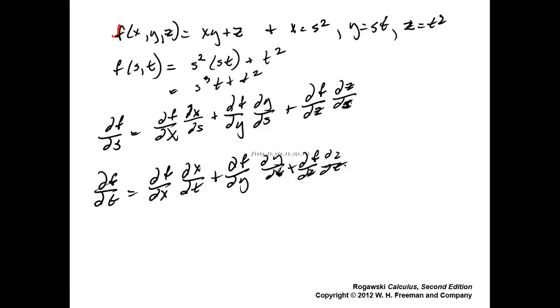Goodness gracious, getting things to write straight. I'm having trouble, my eyes are going wacko on me. And that's our equations 2 and 3 at the bottom of page 687. Partial of f with respect to s: partial of f with respect to x, partial of x with respect to s, then y, then z. Then partial of f with respect to t: partial of f with respect to x, partial of x with respect to t, then y, then z.